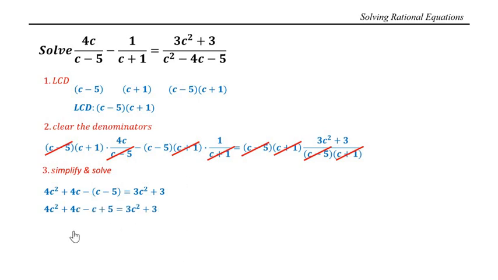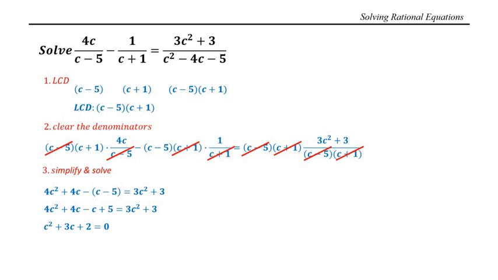Now we need to combine some like terms. We can move our 3c squared plus 3 over to the left side of our equation so that the equation is equal to 0, which leaves us with c squared plus 3c plus 2 is equal to 0.